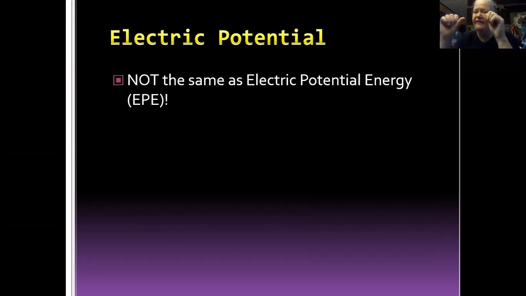You have to have an electric potential to have electric potential energy. Just like to have gravitational potential energy, you have to be above or below a certain reference point. You have to have a gravitational potential. In physics 1, we don't call it that, and maybe we should. We just usually call it the gravitational field.